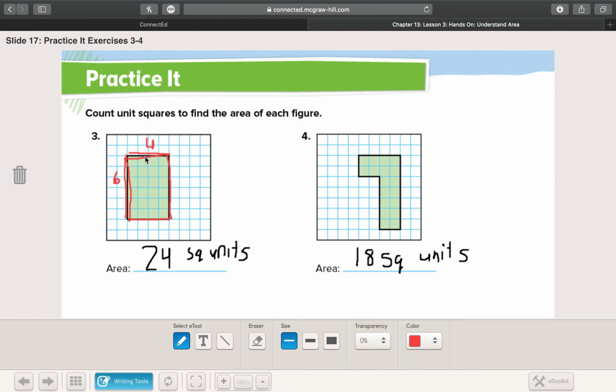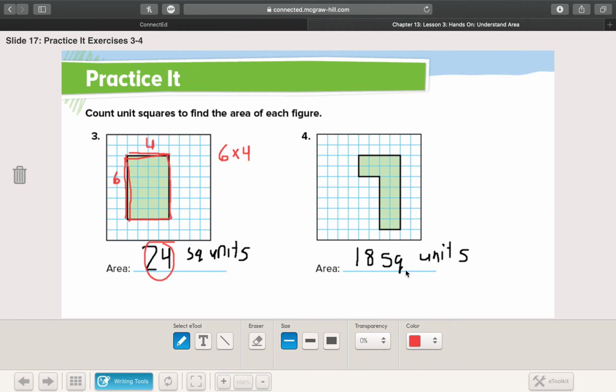So this array is 6 rows of 4, right? Or 4 columns of 6. That means 6 times 4, don't we? 6 times 4 is 24.